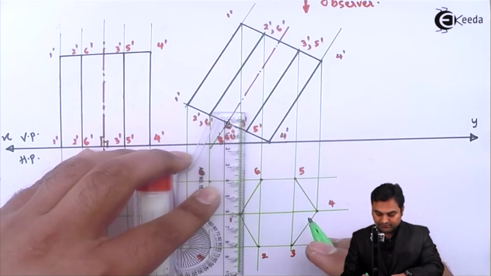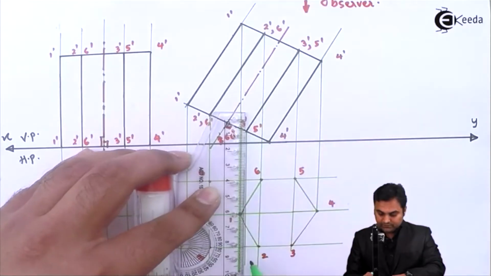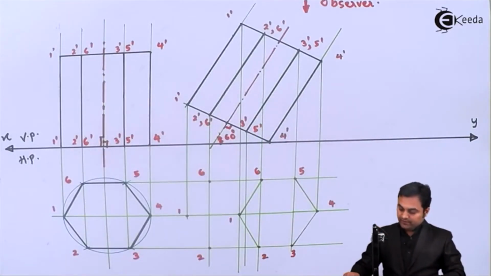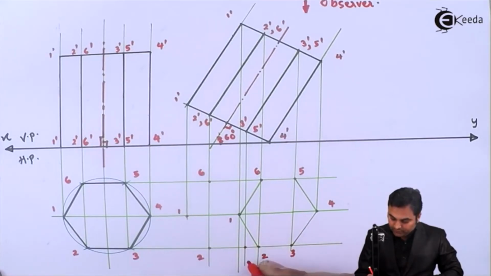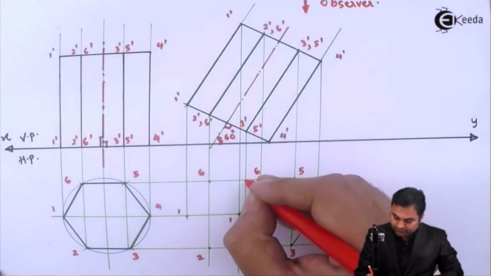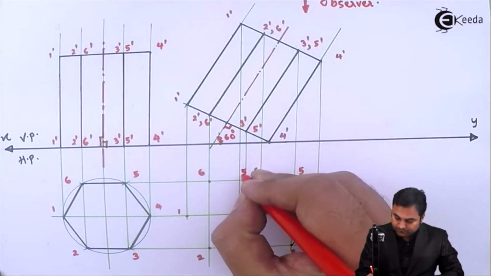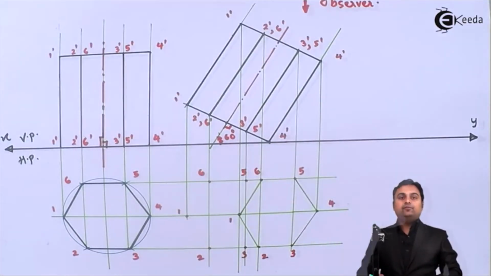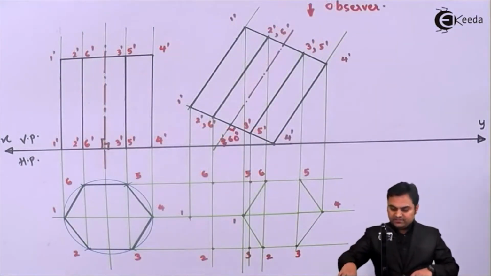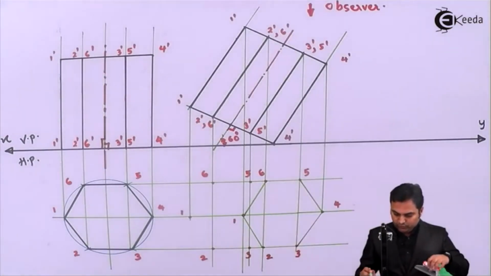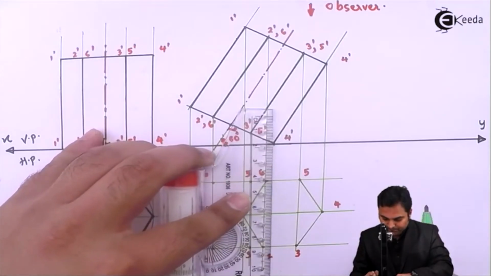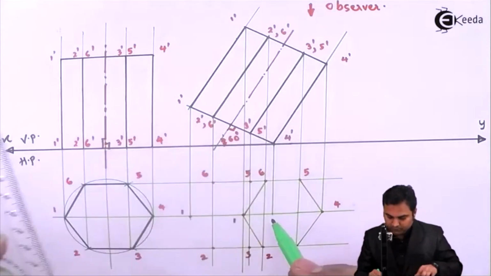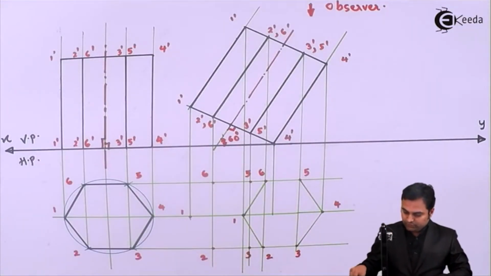Point 3 and 5, it is going inside. So here we have point 3 at the bottom and point 5 here at the top. At last there is point 4. Now after this I'll be projecting point 4. So taking 4 dash from the front view, projecting it down up to point 4, which is from the top view.